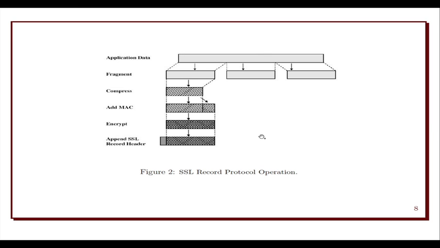We can use AES or triple DES. After that, we need to prepend the header, the SSL record header. The header consists of some fields, which we will talk about. So, this is the operation done by the SSL record protocol: we append the header to the encrypted message.